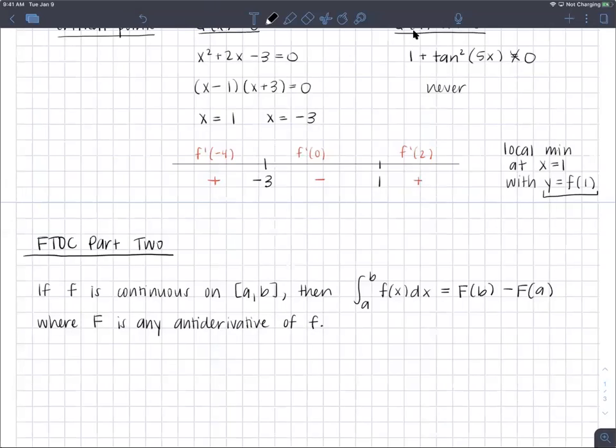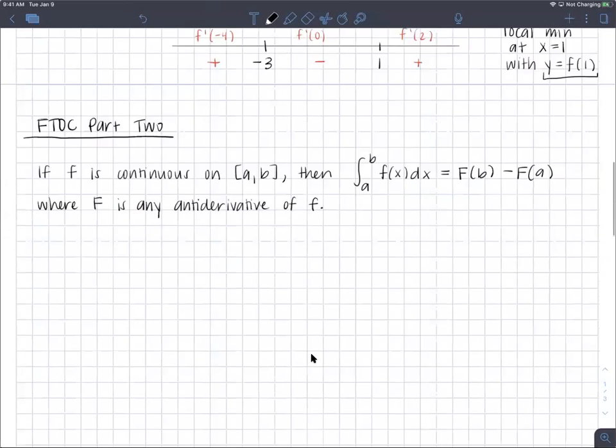Let me show you through an example why this makes sense. It's not a proof, but it's a good explanation. It's from my old calculus teacher. But so to see this, let's let little f of x equal the velocity.